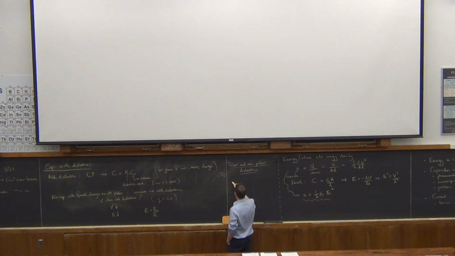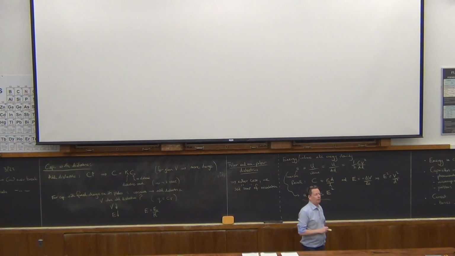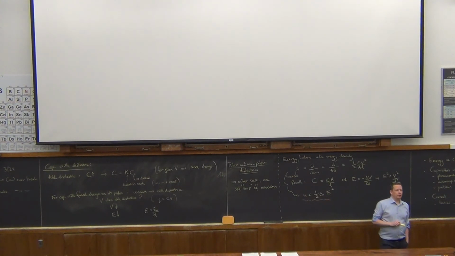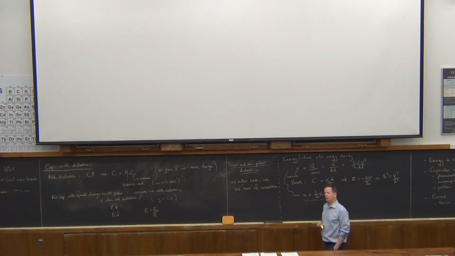So either way, we see some level of orientation. And think about this now, and we're going to do this on the chalkboard in just a moment. What's the likely effect going to be in terms of the electric field in the region between the capacitor plates?